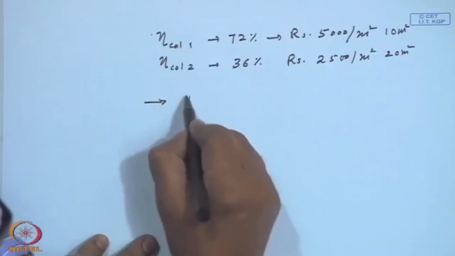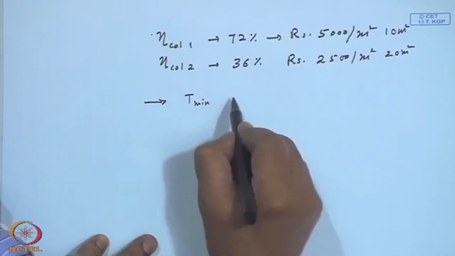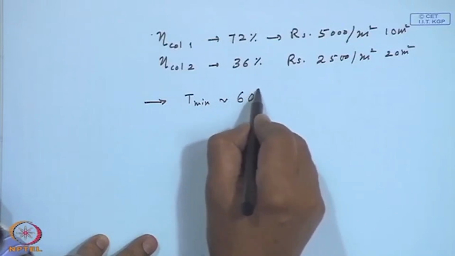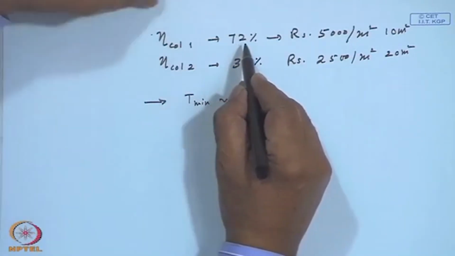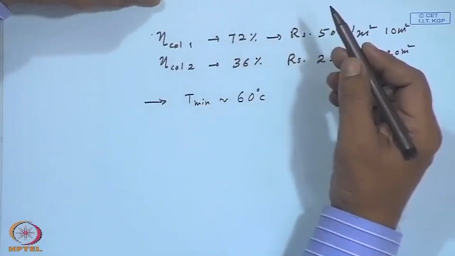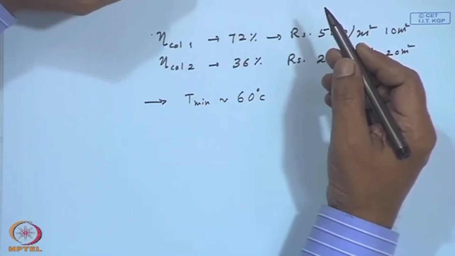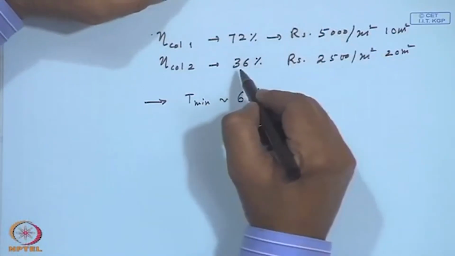But the issue is really, if it is required to deliver some T minimum, let us say 60 degrees centigrade, the collector with the higher efficiency not only delivers at higher efficiency, but operates over a higher period of time, whereas the collector with the lower efficiency will operate less period, because this will be having a higher critical radiation level than this one.